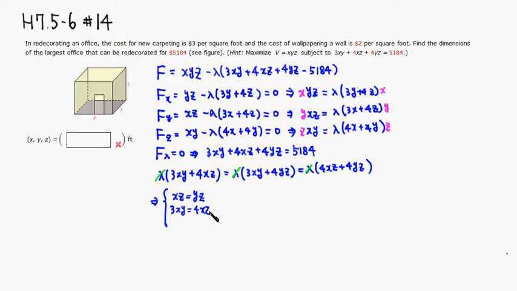And what else? We can probably look at these: there's a 4xz, then you have 3xy is equal to 4yz. So 3xy equals 4yz.